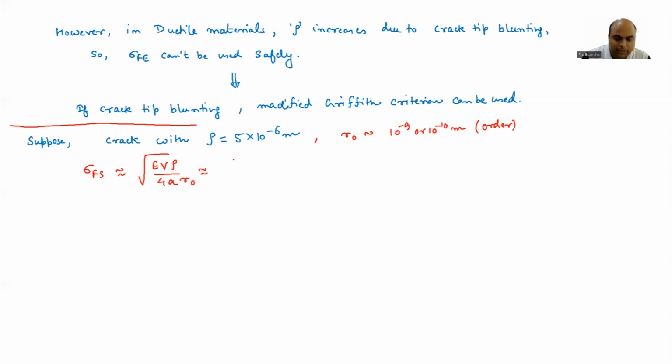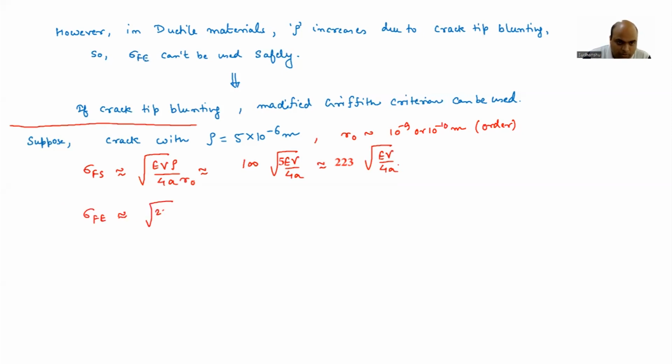So rho is what? 5 into 10 to the power minus 6, and A is in the order of 10 to the power minus 10, right? So if you just calculate, you are going to get 100 root over E gamma by 4A, approximate value. Okay.